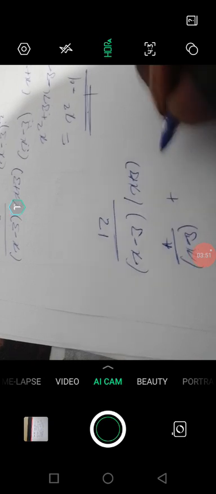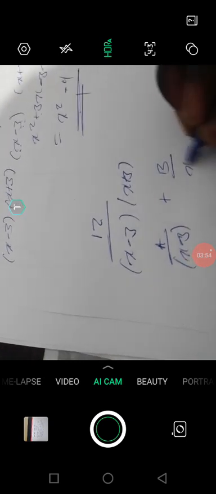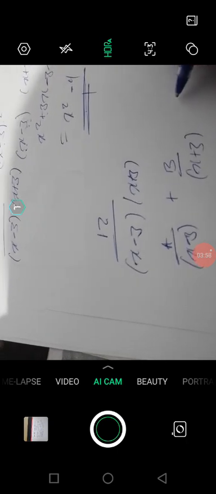So watch out. I'm going to use A and B. I say A over x minus 3 plus B over x plus 3, and in this case I'm going to equate it to 12.